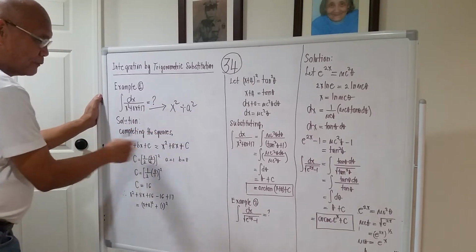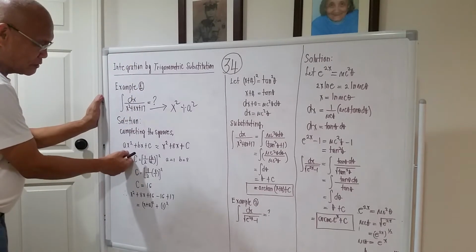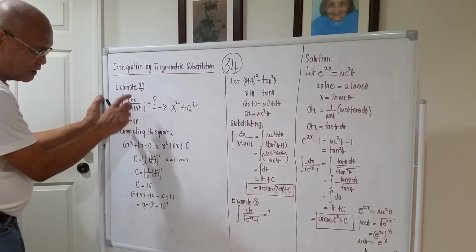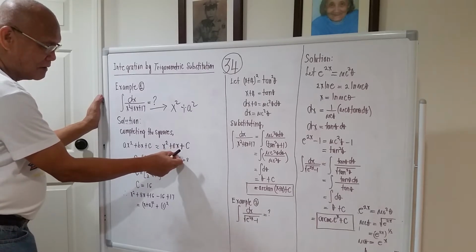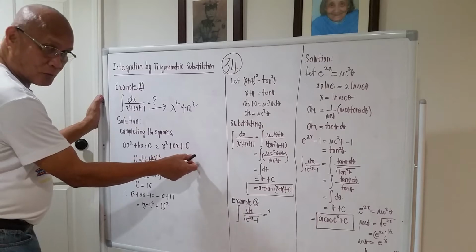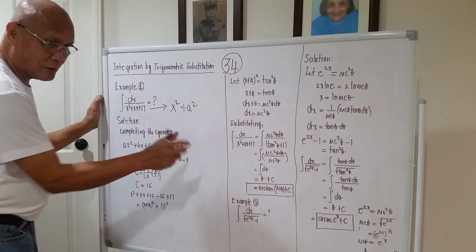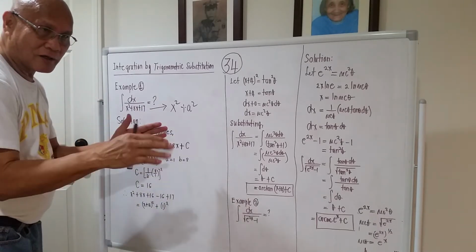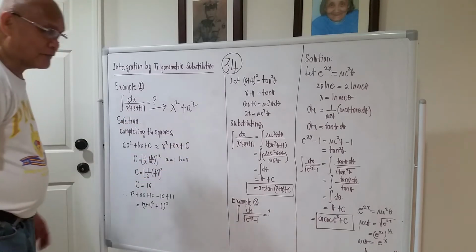Completing the squares, we go back to algebra. x squared plus bx plus c. This is similar to the given problem, x squared plus 8x. I will put plus c over here because for the meantime we do not know the value of c, which will make the terms with x a perfect square.